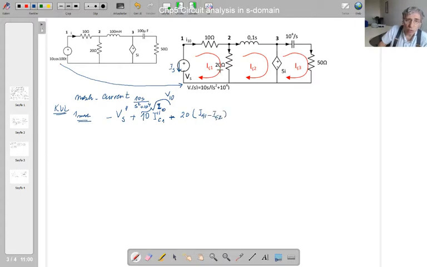How did I write that? Summation of those two mesh currents. Why is that? Because these two mesh currents pass through this element. For example, this mesh current is not passing through this 20 ohm resistor, so it is not included in here. How did I make the decision about the sign of those mesh currents: if the mesh current direction and this element current direction are the same, the sign is positive.